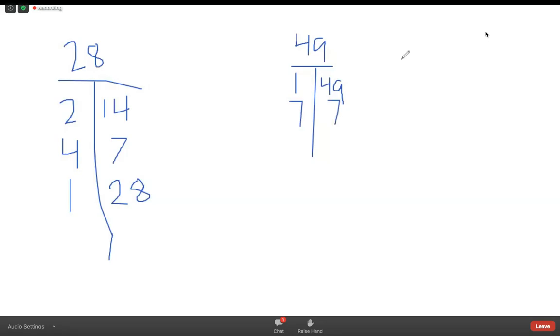And I think that's it. Yeah, I think that's it as well. Good. So now, what's the greatest common factor of 24 and 49? Can I answer that? Yeah, go ahead. It's 7. Good. So 7 is the greatest common factor.